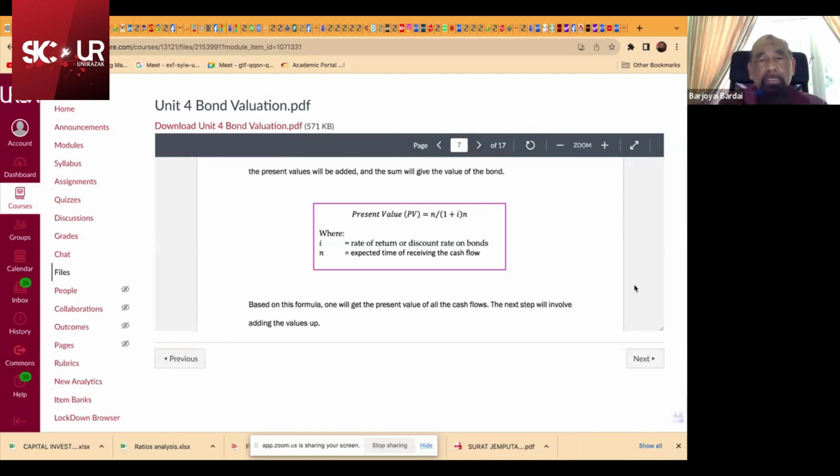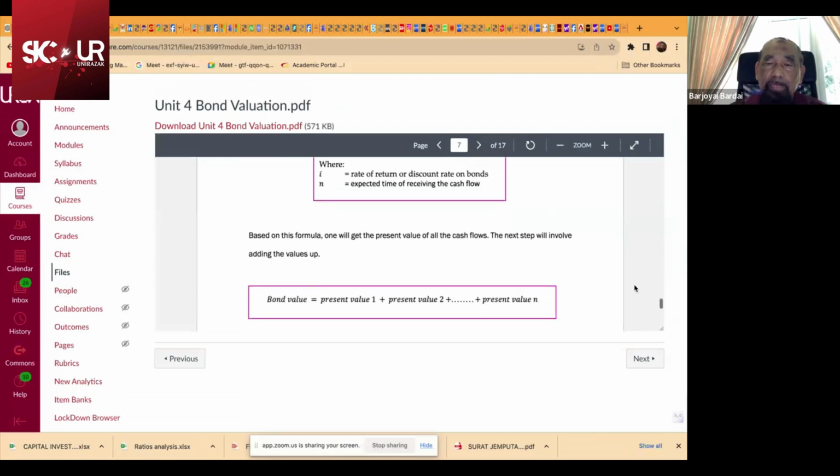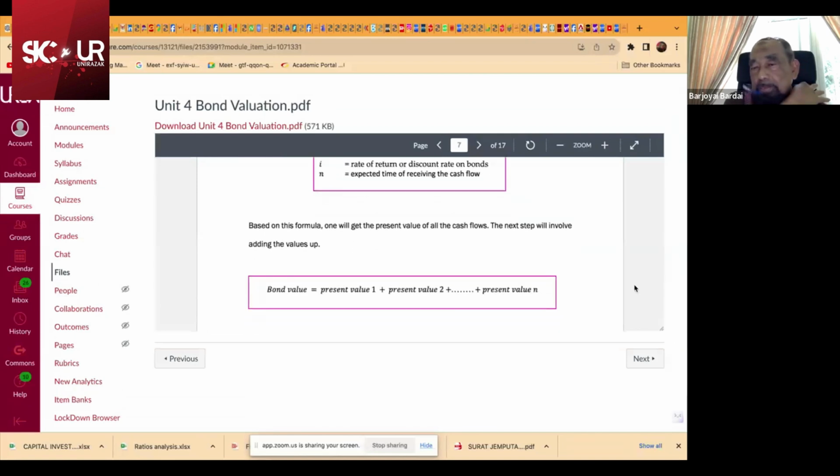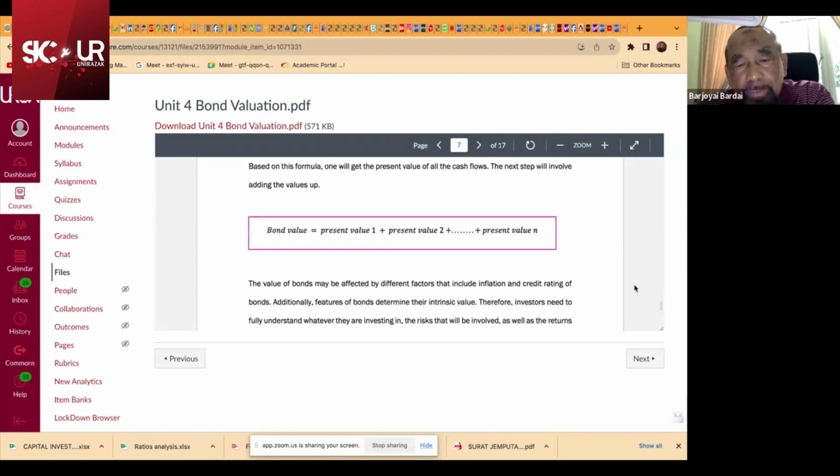I mean, this is what we calculate in the net present value. And based on this formula, then we will get the present value of the cash flow. Then we will add all these discounted values to give the bond value in total.